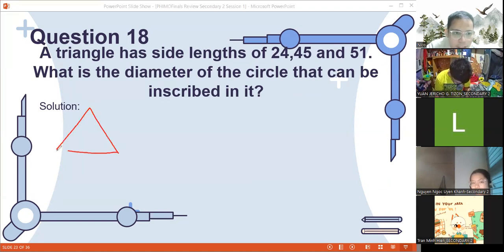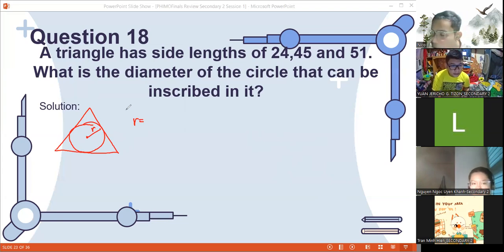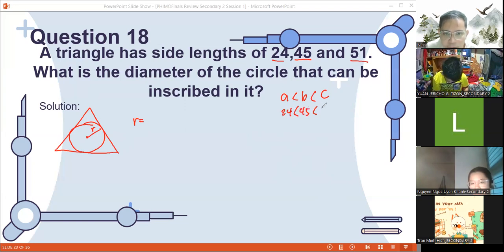For example, if you have a triangle, then you have a circle inscribed in it. This one is R. How do we solve for R? There's a lot of theorem in triangle. Okay. So we have 24, 45, 51.